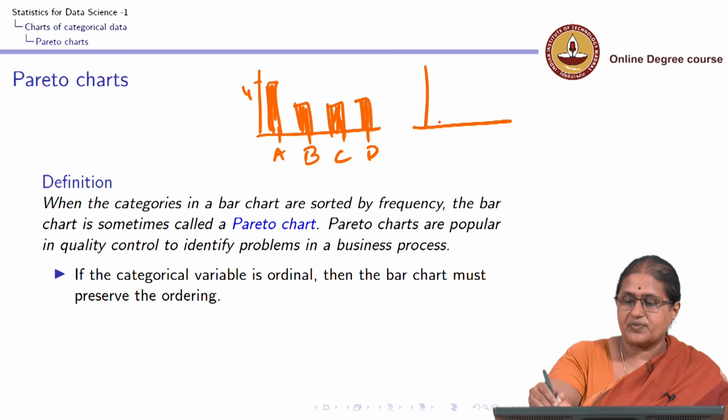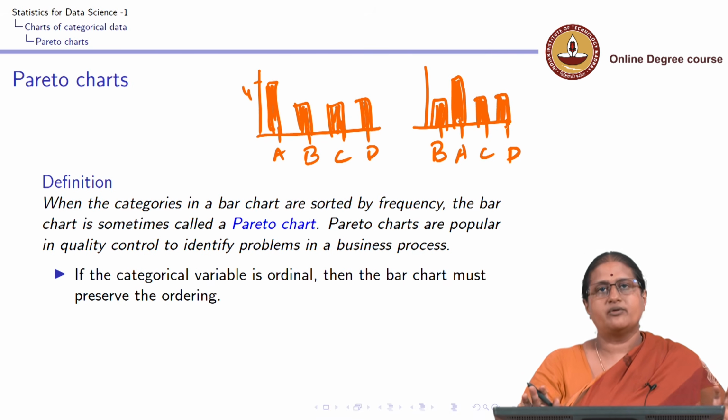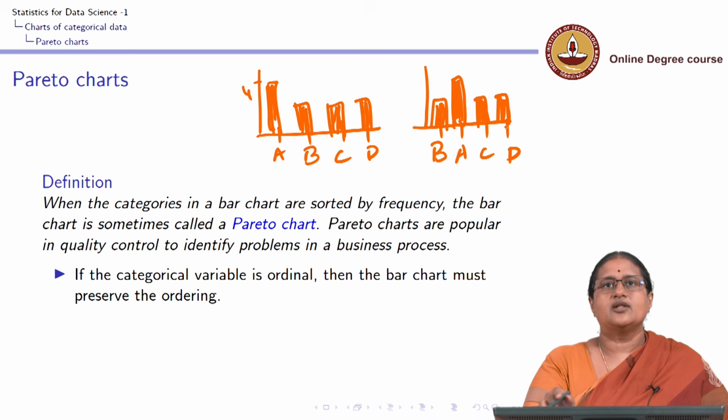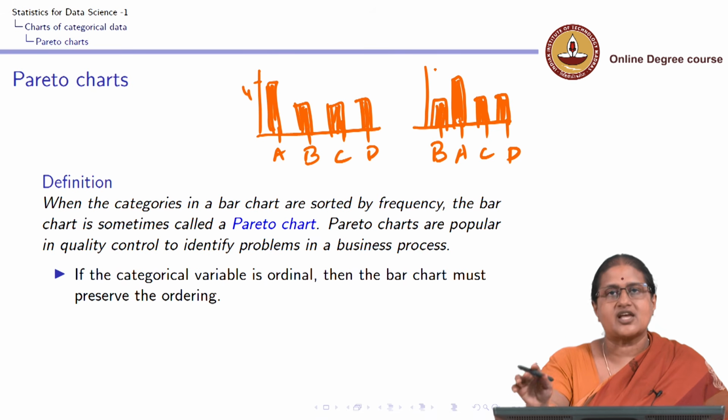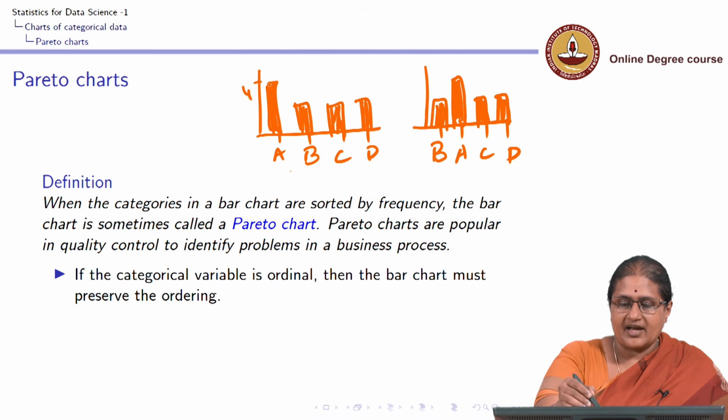I could also display this as B, A, C, D, where this is a 2, this is a 4, this is a 2, and this is a 2. No problem with either of these displays, because they convey the same information and there is no order between A, B, C and D. However, in this I have the highest frequency appearing first and then I have the lower frequencies which are appearing.